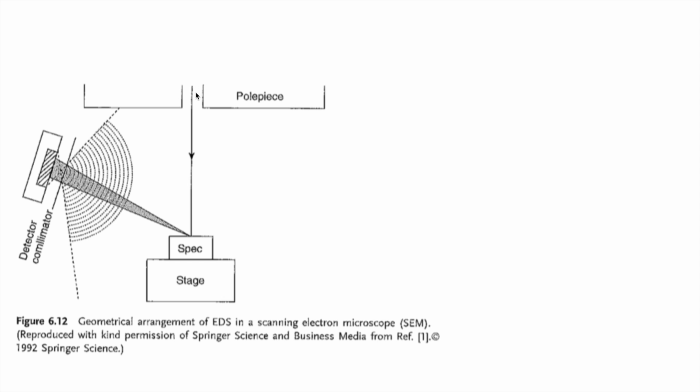The electrons are beamed at the sample, which is down here on top of the stage, and the detector for EDS is over here on the side. And again, it has a collimator, which makes everything parallel. But it's off at an angle with respect to the specimen.